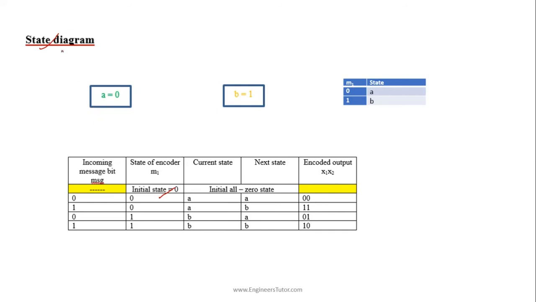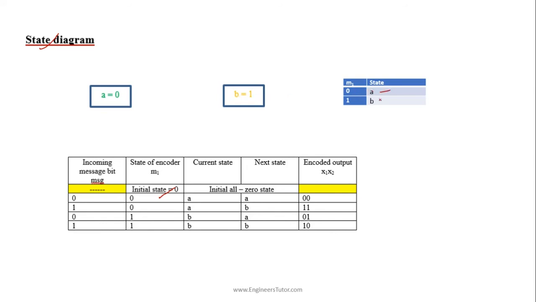Now we will try to draw the state diagram from this state table. We represent the states of the convolutional encoder in rectangular boxes. We have already seen that state A represents 0 and state B represents 1.